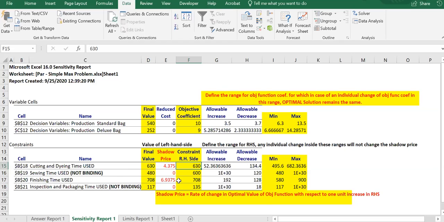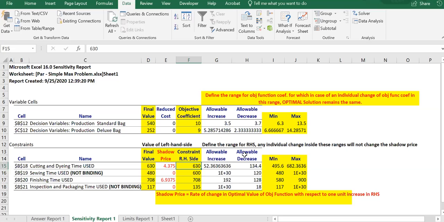Every additional hour is going to bring us $6.993 additional profit, but up to 192 hours we're allowed to add. This value is only valid if we add up to this point. After that, again, we need to reevaluate and make the right decision, right? All right. So that's really about it.